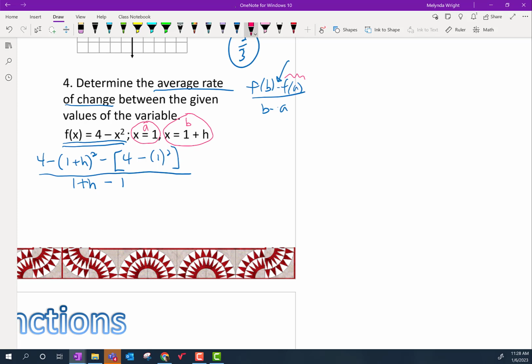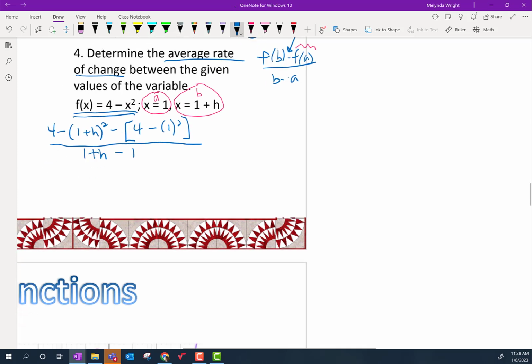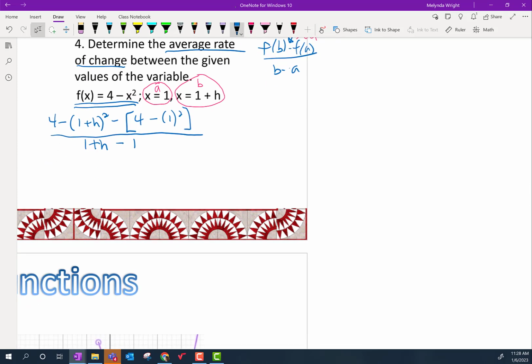All right, so let's keep going. So now we just need to simplify. So I have 4 minus, and I'm going to put brackets here because I'm going to probably forget to distribute the negative if I don't. I'll just do some scratch work. 1 plus h, 1 plus h. If you're not able to do that in your head yet, you should go to the side and do some scratch work.